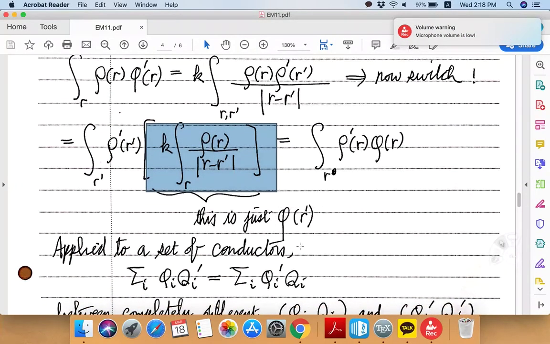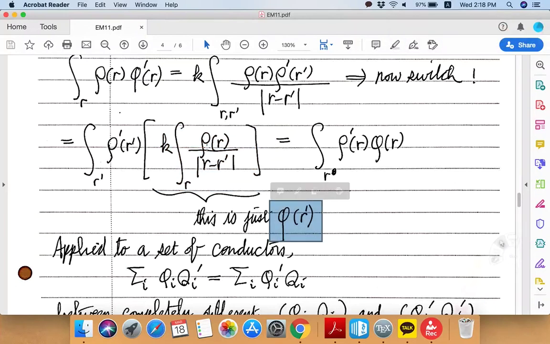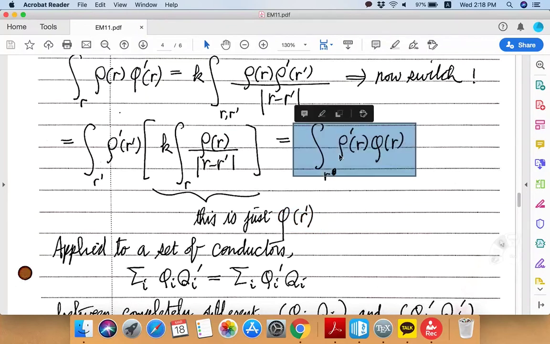But this function is nothing but the potential generated by the old charge density rho, so I'm going to call it phi. So now the integral has a new expression as the integral over the product of rho prime and phi.